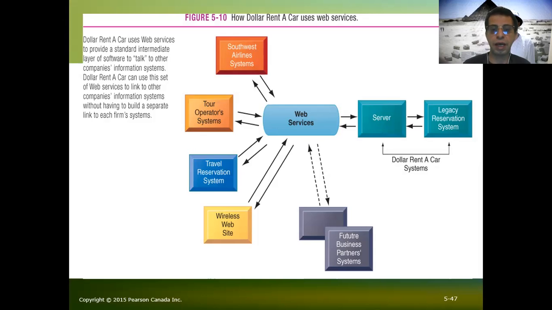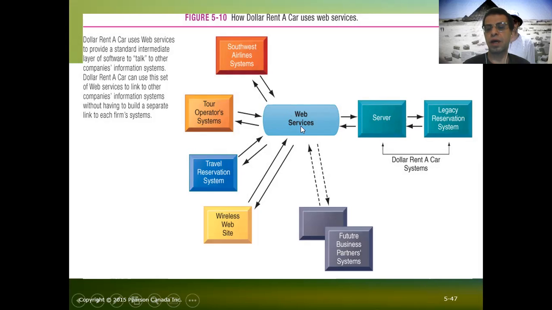If we look at, for example, how Dollar Rent-A-Car uses web services, basically they have what you call the legacy system. Their back end here is a legacy reservation system. And then they have the servers, and these are the systems that belong to them.